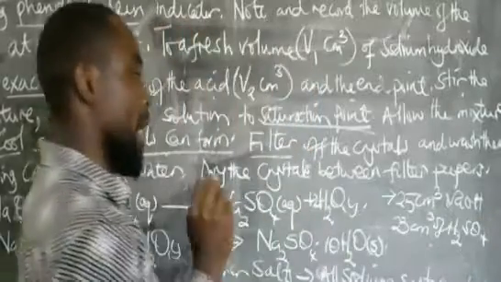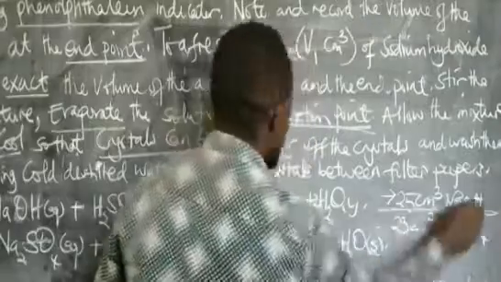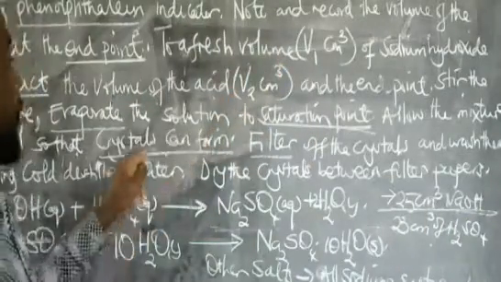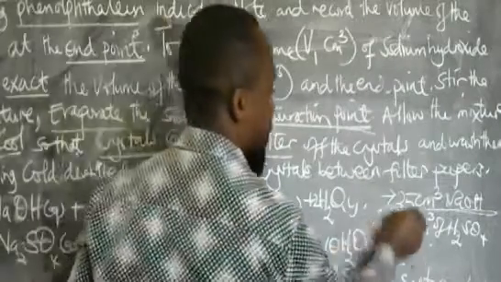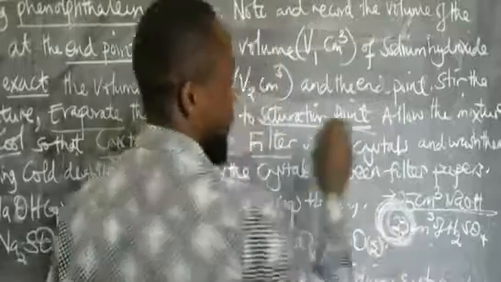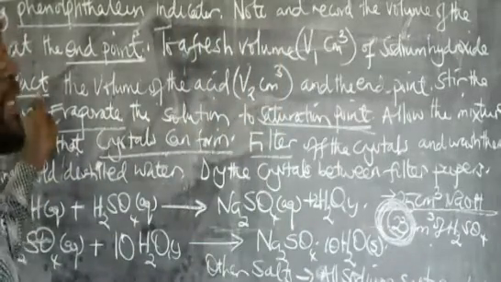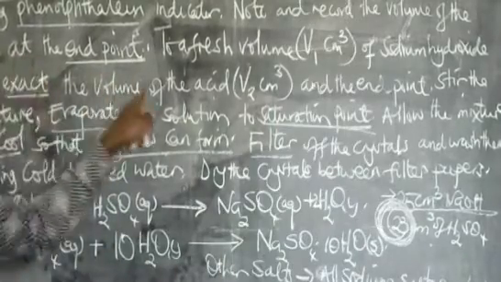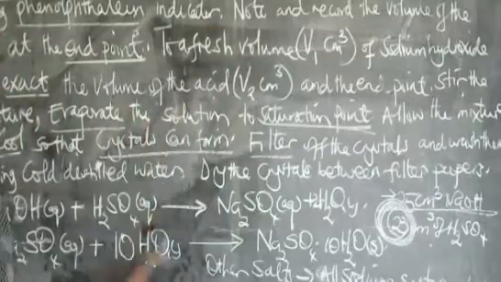So if you want an acid salt, the fresh volume of this sodium hydroxide, the V1, remains. But when we come to V2, the volume of the acid we add, we need to double it. If here we say add exact, but if it was an acid salt, then we say add twice as much as the volume of the acid used at the end point.